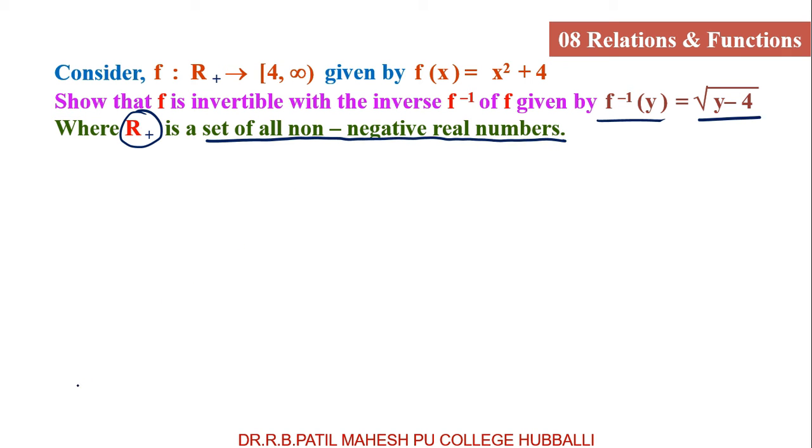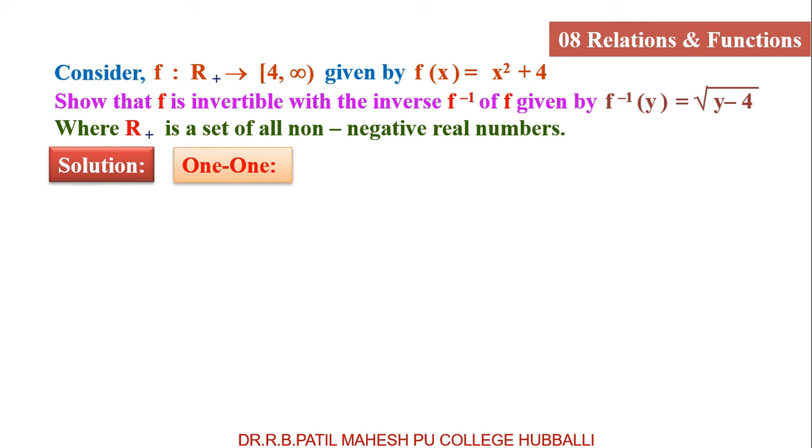Non-negative real numbers means positive real numbers. So taking this function, let us prove this is invertible. Invertible means again the function should be 1-1 and onto. So let us have the solution.